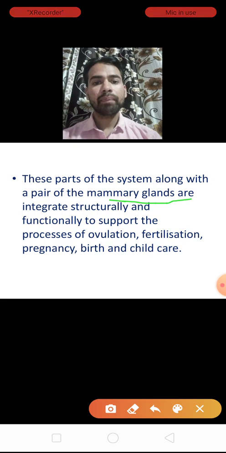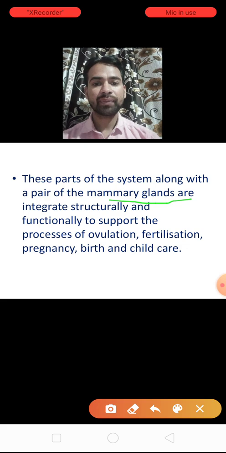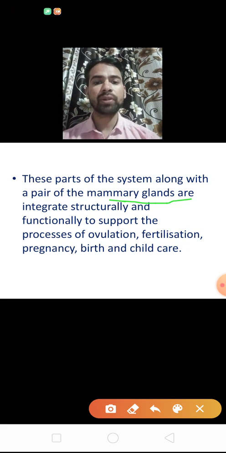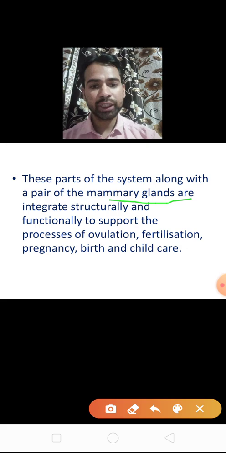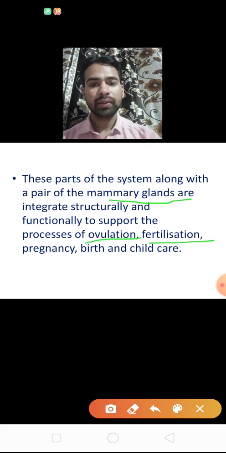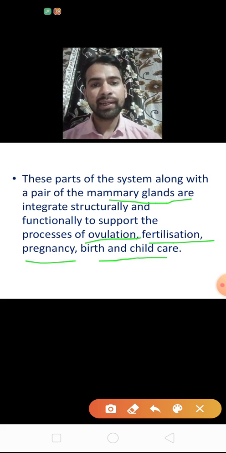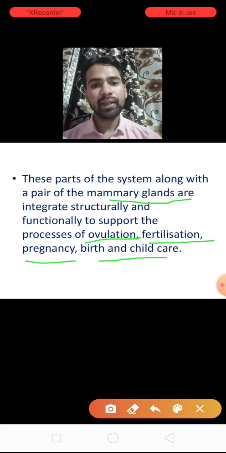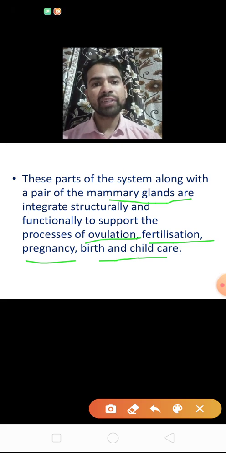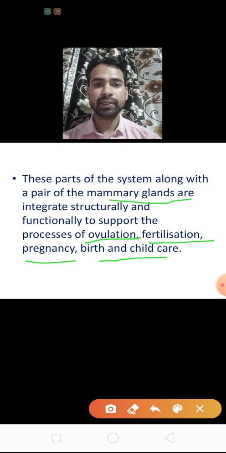Along with the pair of mammary glands, these are integrated structurally and functionally to support the processes of ovulation, fertilization, pregnancy, birth, and child care. Okay, it means all the processes that occur in the female reproductive system are possible with the help of these parts. Okay, so one by one we'll discuss.